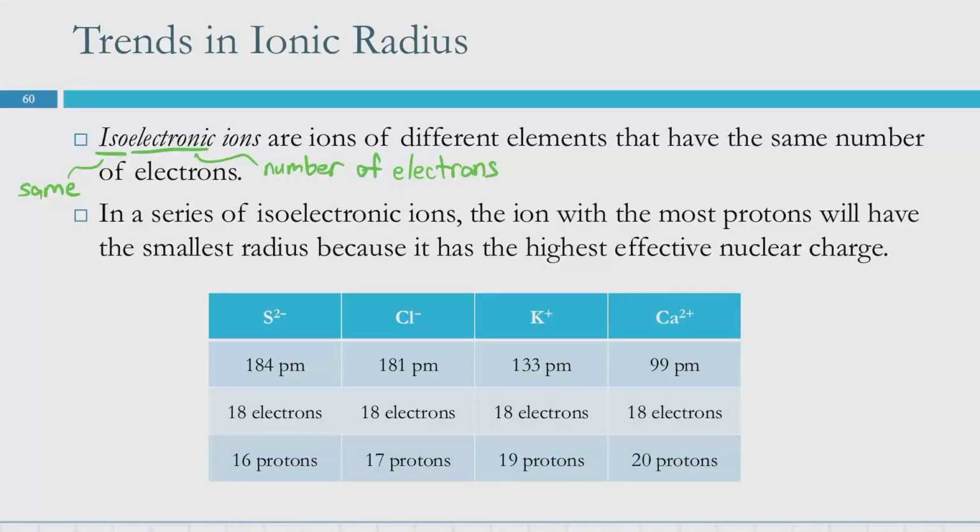So isoelectronic ions are different elements that have the same number of electrons. If we have a series of isoelectronic ions, the ion with the most protons will have the smallest radius. So more protons leads to smaller radius, and this is again because of effective nuclear charge.